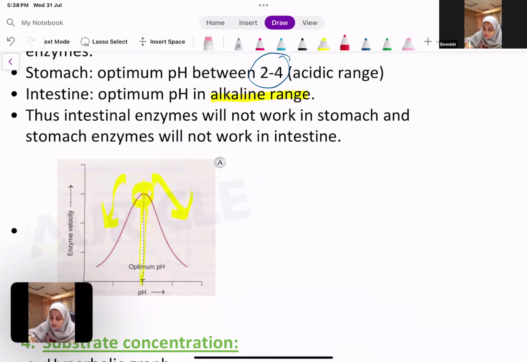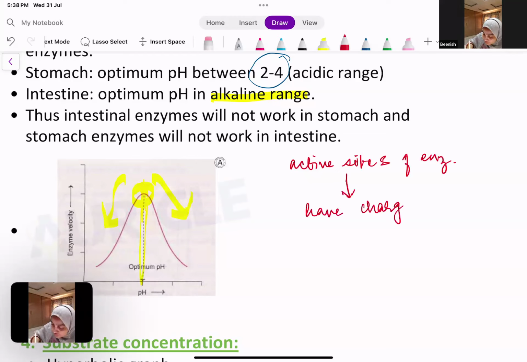Let's talk about that. So the active sites of enzymes, the active site is the site where your substrate is going to bind to the enzyme. Okay, so the active sites of enzymes have charged amino acids. Now, if there is a variation in the pH, that is going to change.